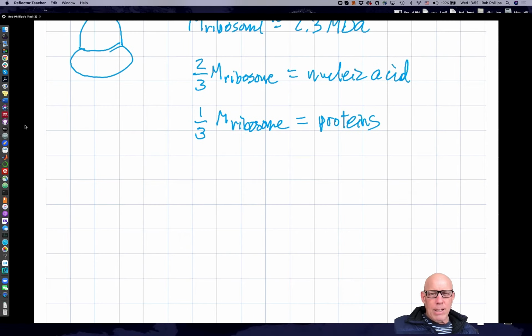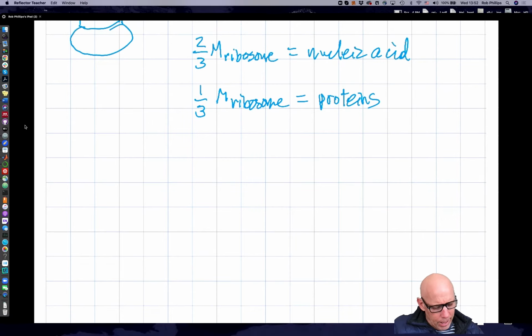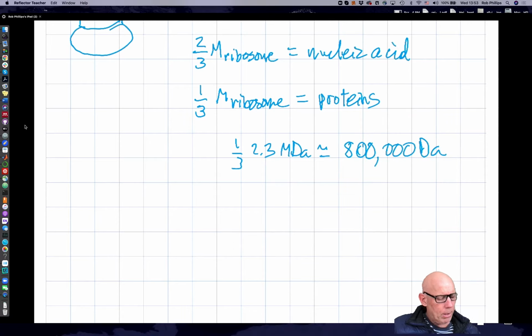And the analysis is actually relatively simple. The reason I say that is that this mass, which is proteins, is 1/3 of 2.3 megadaltons, and I'm going to say that that's approximately 800,000 daltons. So there's 800,000 daltons worth of protein in a ribosome.